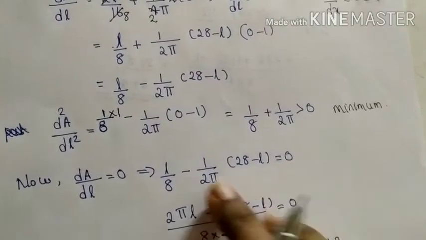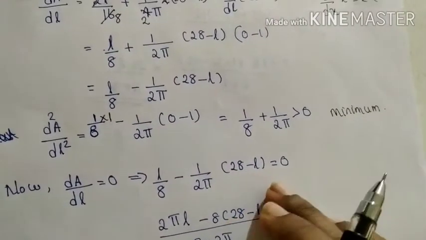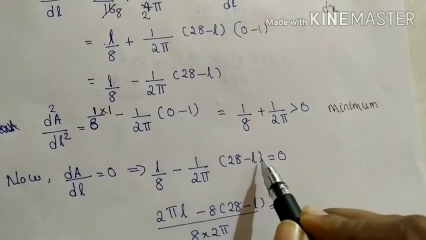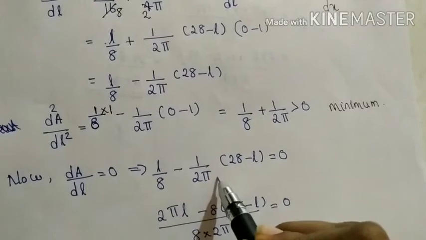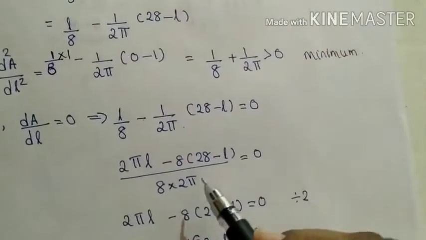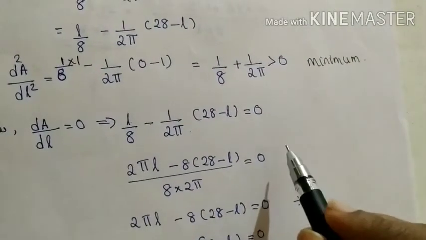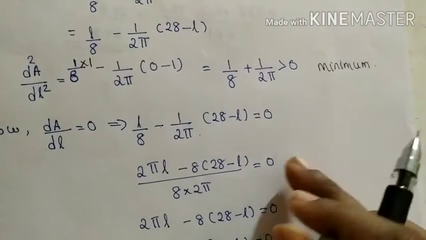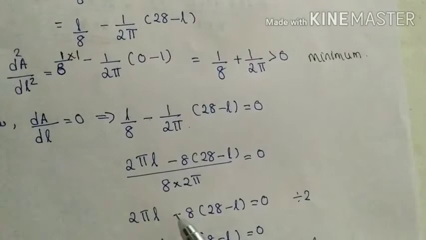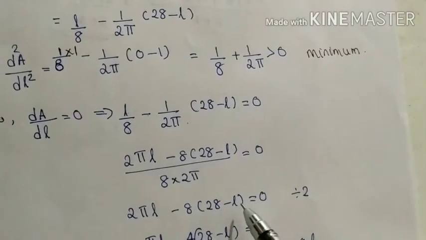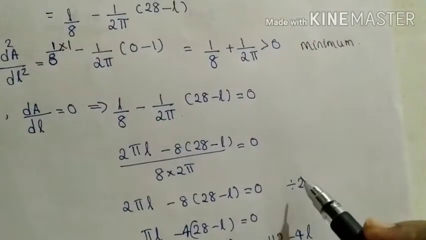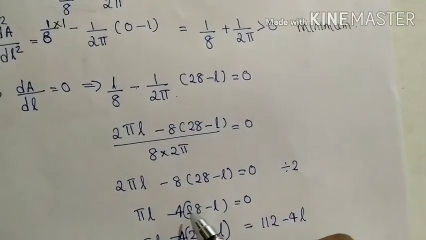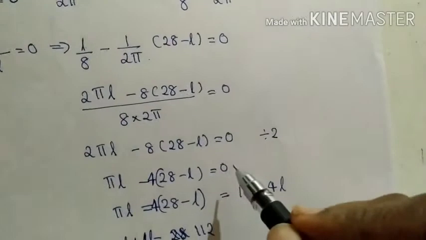Cross multiplying, we get 2 pi L minus 8 into 28 minus L, whole divided by 8 into 2 pi, equal to 0. The denominator goes to the RHS and becomes 0, so we get 2 pi L minus 8 into 28 minus L equal to 0, and dividing throughout by 2, we get pi L minus 4 into 28 minus L equal to 0.